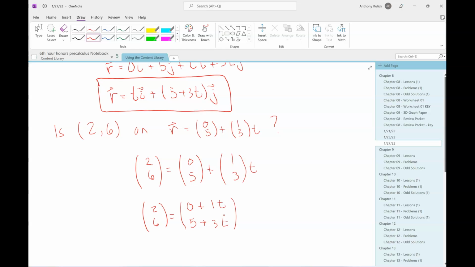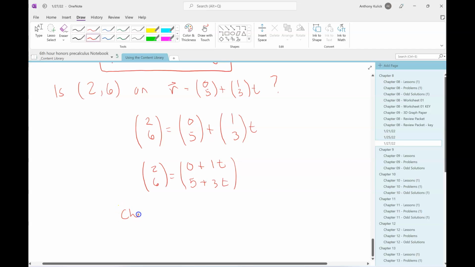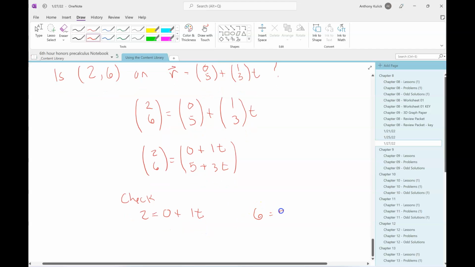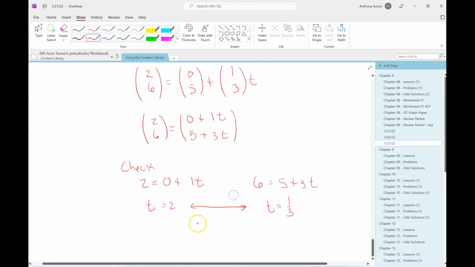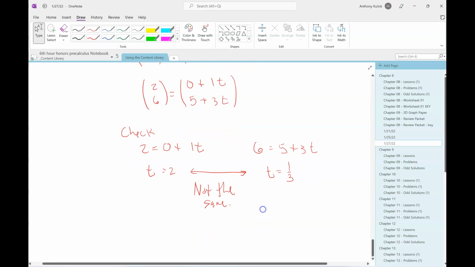Does everybody kind of see what I did there? So then what I'm going to do is I'm just going to check and see. So when I solve this one, I get t equals 2. When I solve this one, I get t equals 1/3. I'll note that these are not the same value of t.